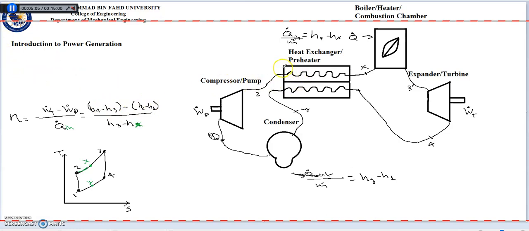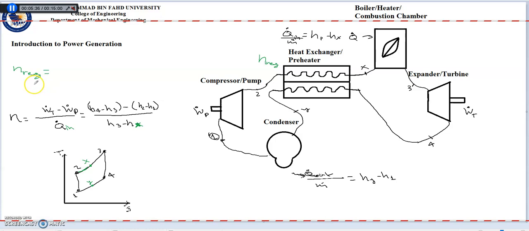So we can define for the preheater the effectiveness. So let's call it N regeneration, for the regeneration. So the effectiveness shows how much of the theoretical heat we are actually taking.